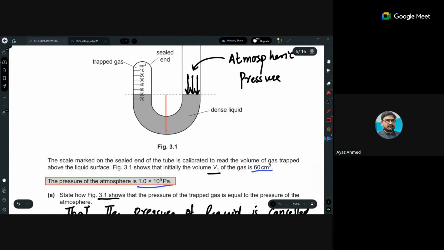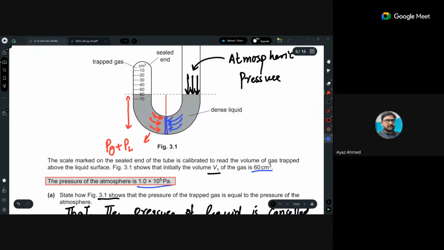So actually at this point, this border line that I drew, at this border line the pressure is from this side, right? And the pressure is from this side. So if it is in equilibrium, this is the pressure of the gas plus pressure of the liquid from this point to this point.